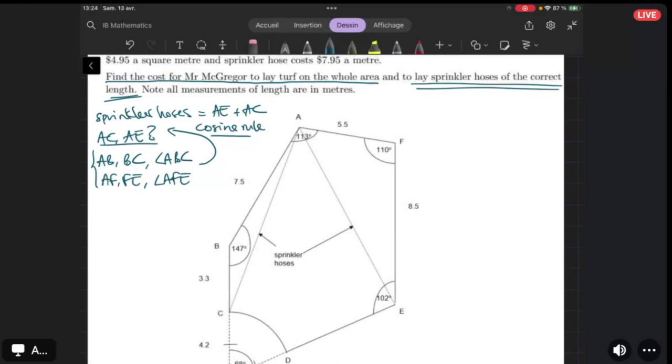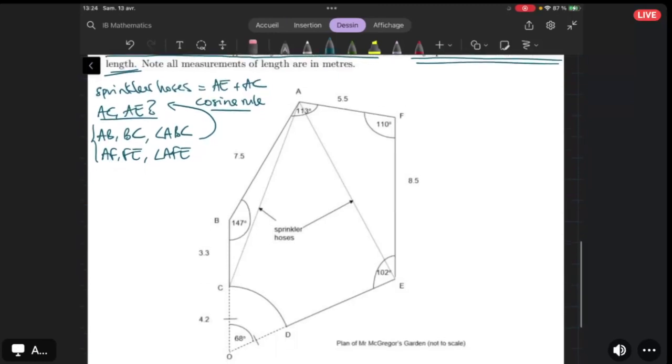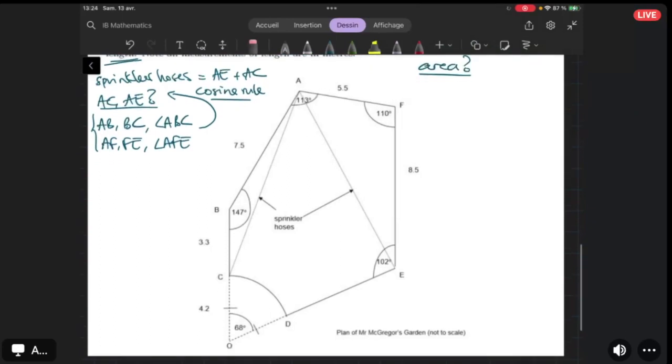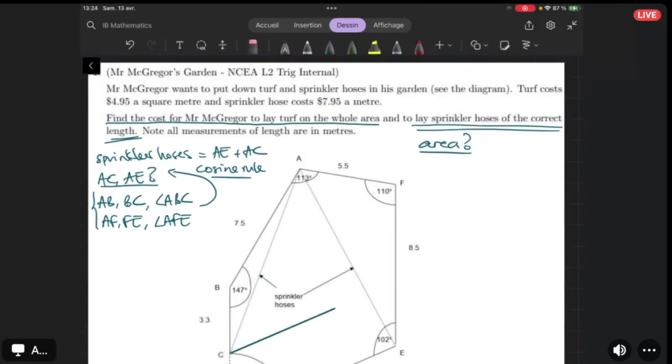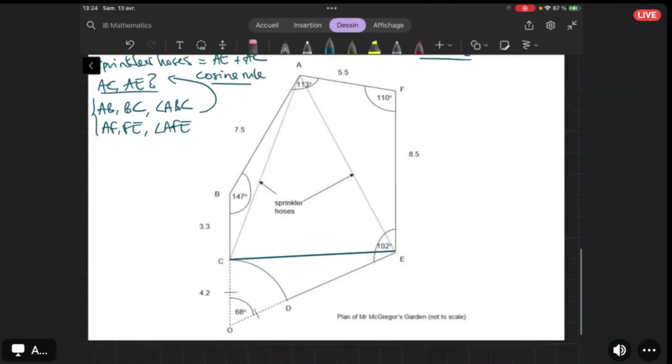The harder part, what is the area of this big boy? Is BC 3.3? Yes.